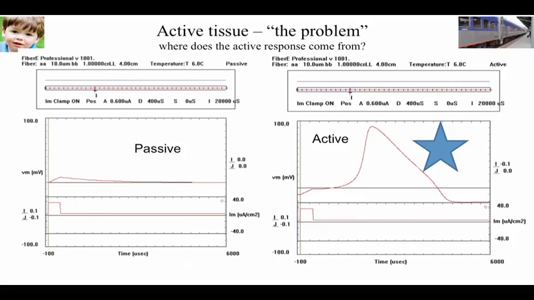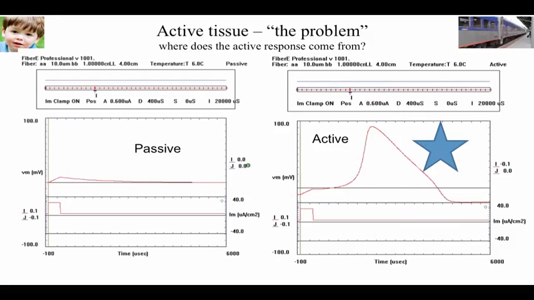So let's review what is the problem exactly. It's easy lots of times in bioelectricity to get lost in individual topics and forget what the problem is that one is trying to solve. Well, here we have a rather clear-cut problem.